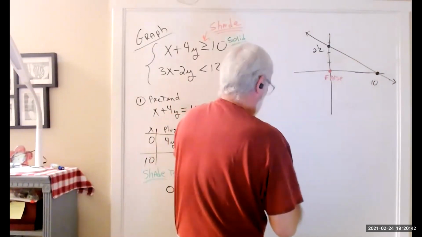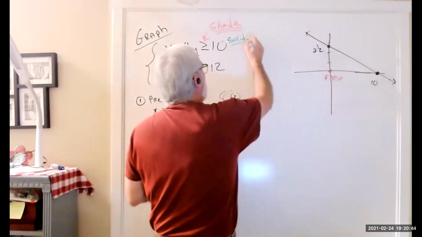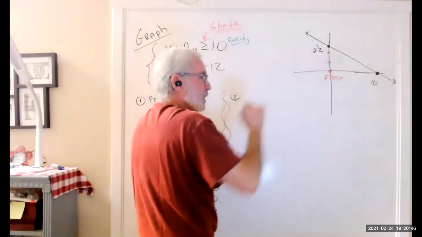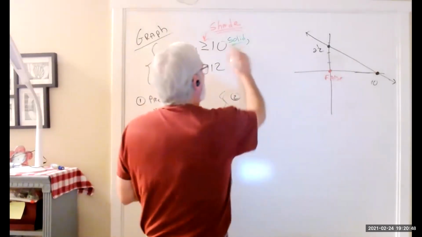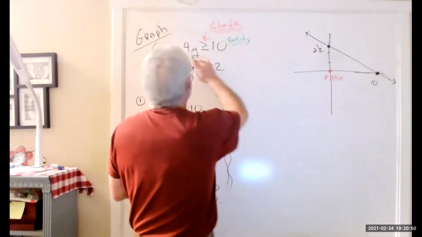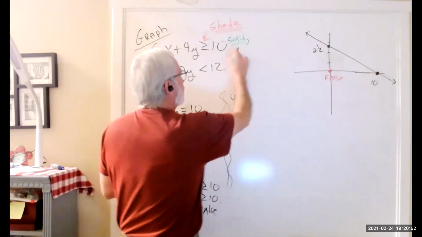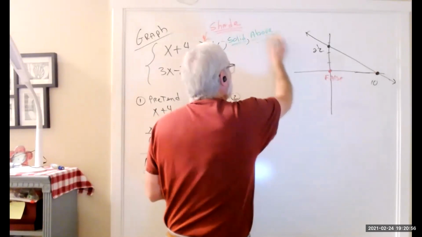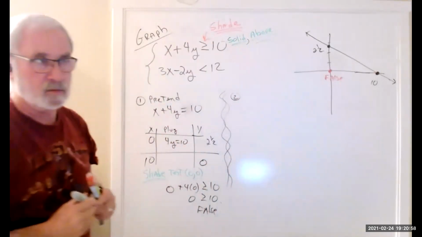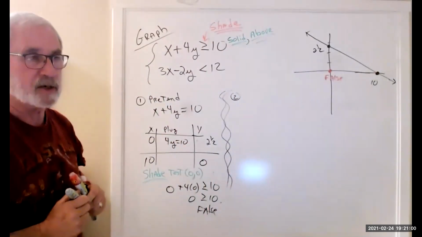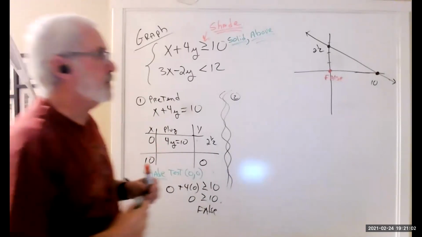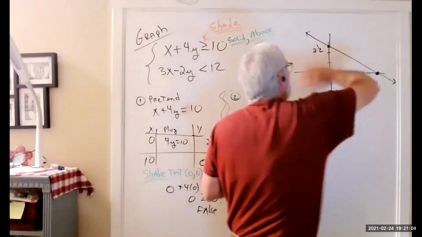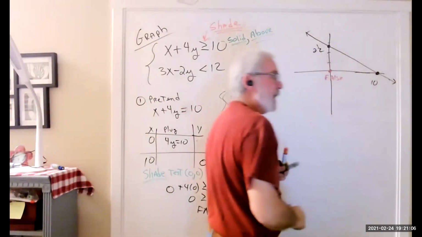So now this is how I do it, and I'm really different than the rest of the world. I put little notes over here. I say on this one, I'm going to use a solid line and I'm going to shade above it. But I'm not going to shade right now. I'm just making notes to myself. If you did this in high school, they had you shade right now.